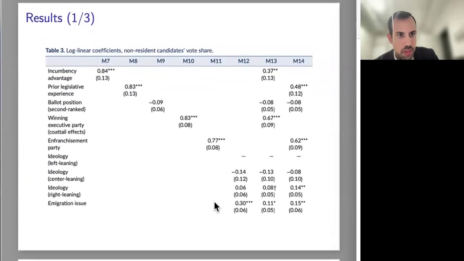So, results. I bring only one set of regressions, but basically both sets of regressions, both the log-linear regressions and the binary logistic regressions, show quite the same results. We found evidence to support our four hypotheses, except for ballot position.